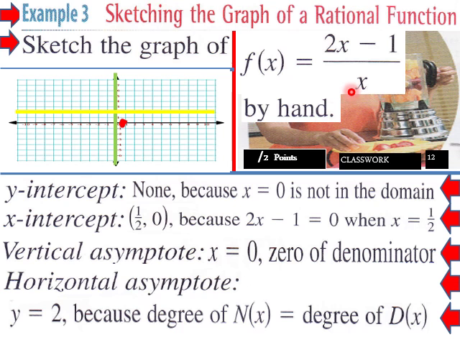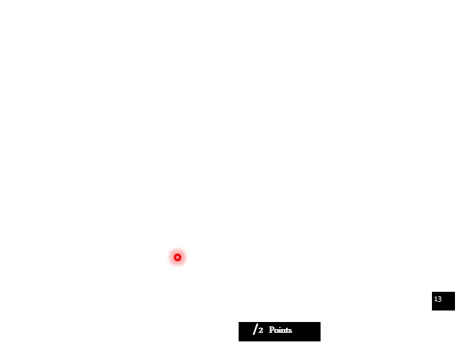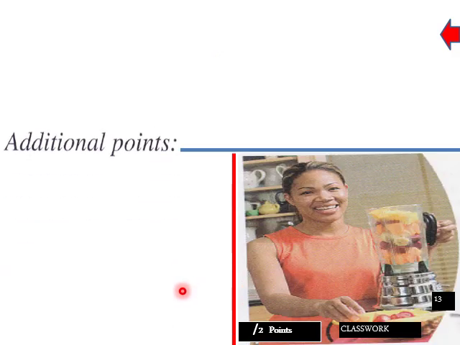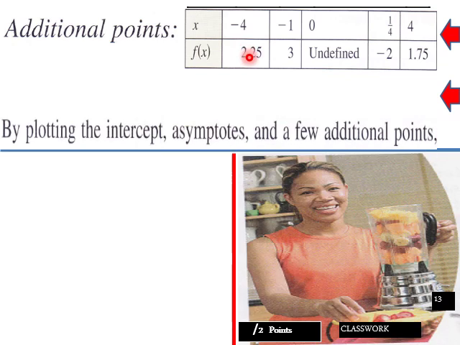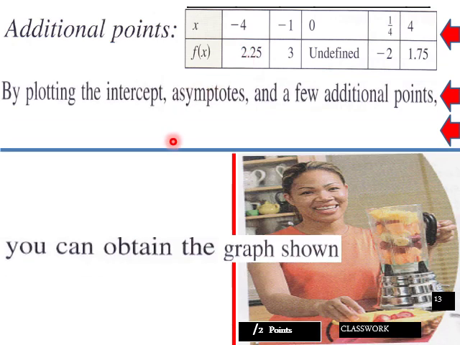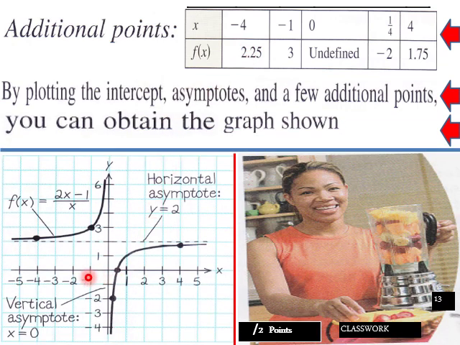So that would make this your horizontal asymptote here. The coefficient of your variable would be your horizontal asymptote. And then here's your table that you can use to plot additional points to sketch it in. So here is our function, 2x minus 1 over x.